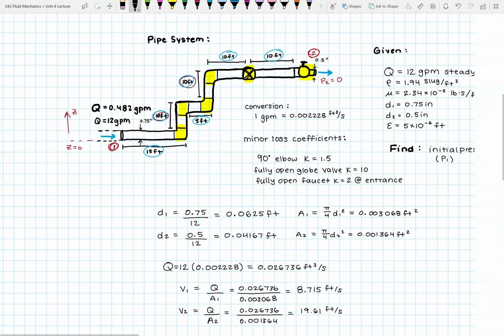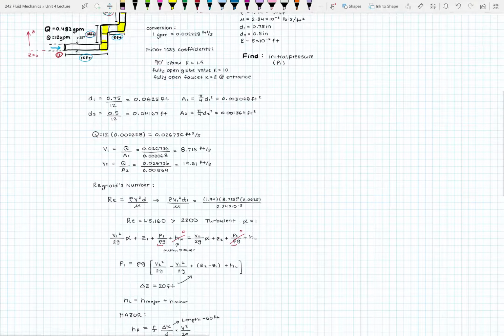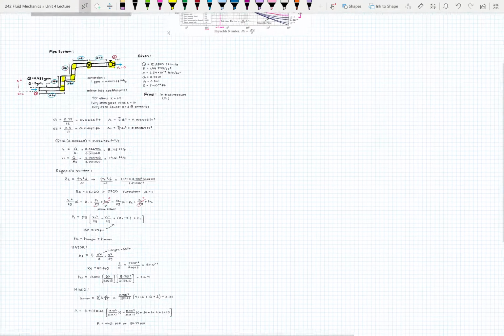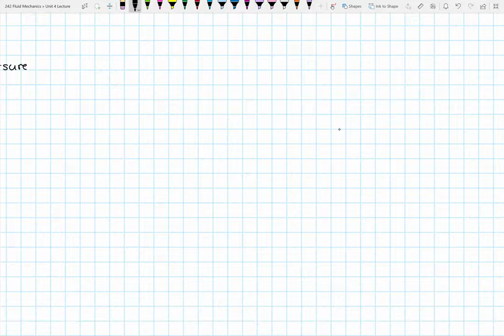So if we slow things down a whole lot, how is that going to affect not just the pressure that we were trying to find, but also the head loss throughout the whole system? If we change that Q value, that doesn't change everything. We don't have to do everything all over again, but there are a few things that we definitely want to take a look at again.